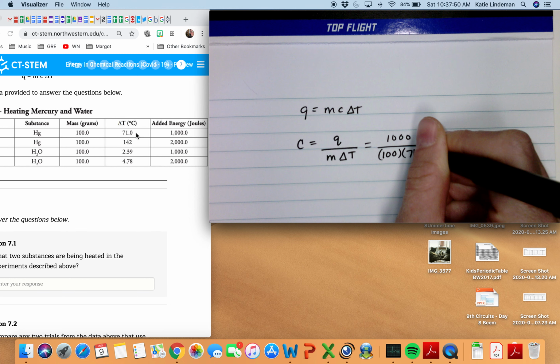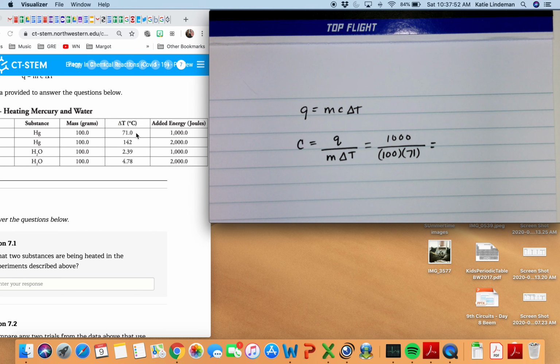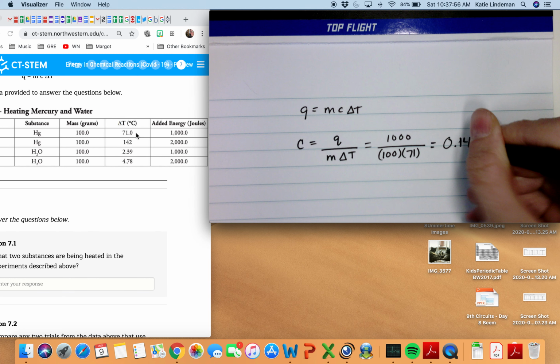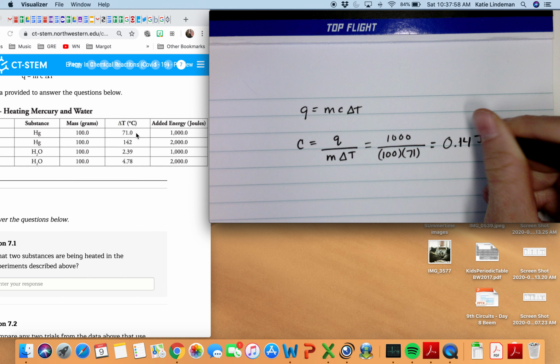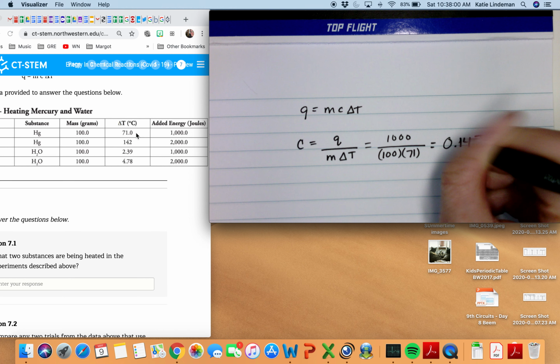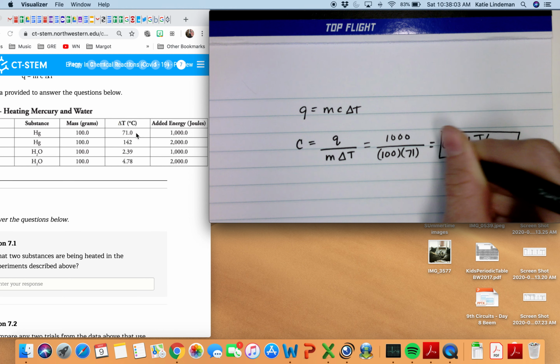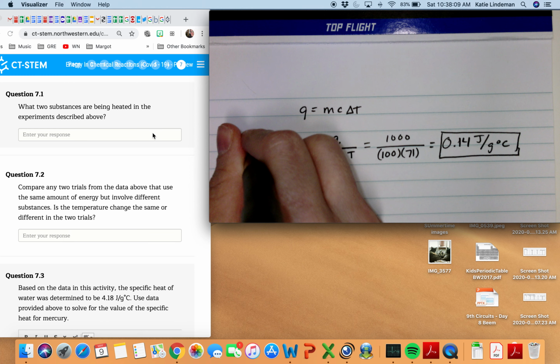When I solve that out, I should get 0.14 joules per gram degrees Celsius. So that was 7.3.